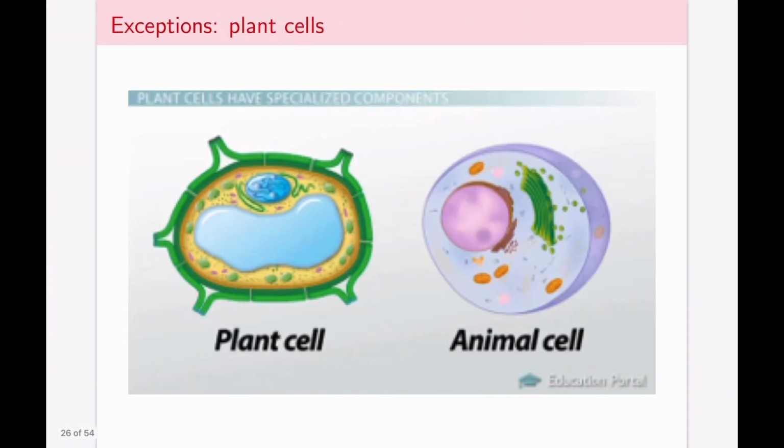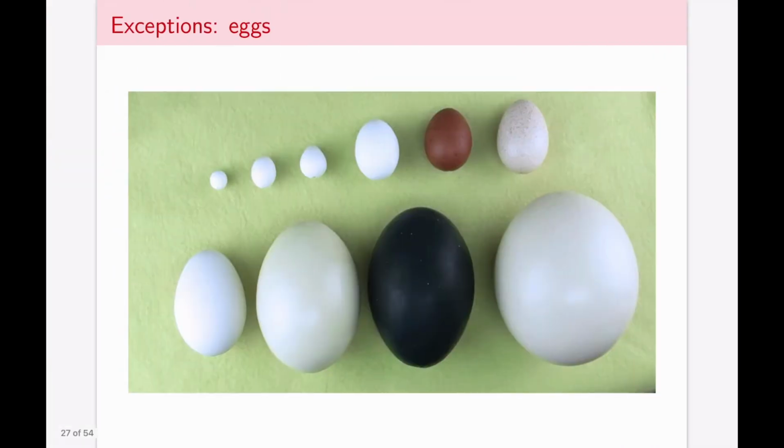The other exceptions are various plant and animal cells that do not necessarily absorb all the nutrients from the outside, but rather store water or other nutrients inside of them, which doesn't work with another assumption that we made, and therefore our analysis will not apply to cells of that size. Same with things like eggs. These are quite large cells, but that is because they keep the nutrients that they need on the inside of them, only absorbing really oxygen from the actual outside.